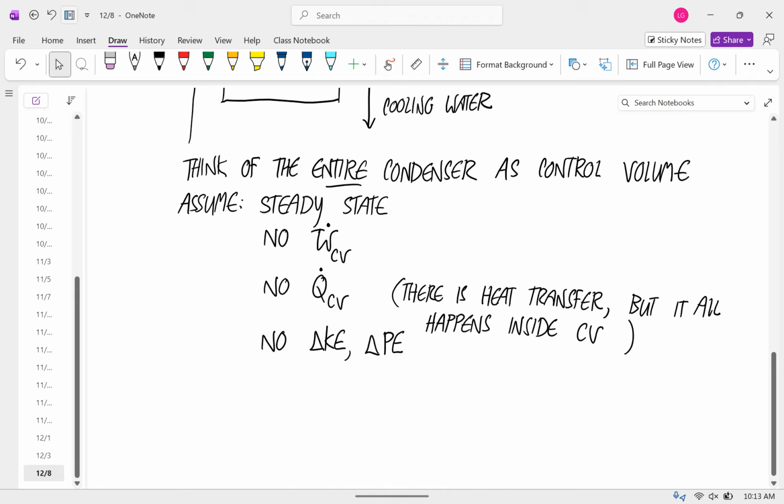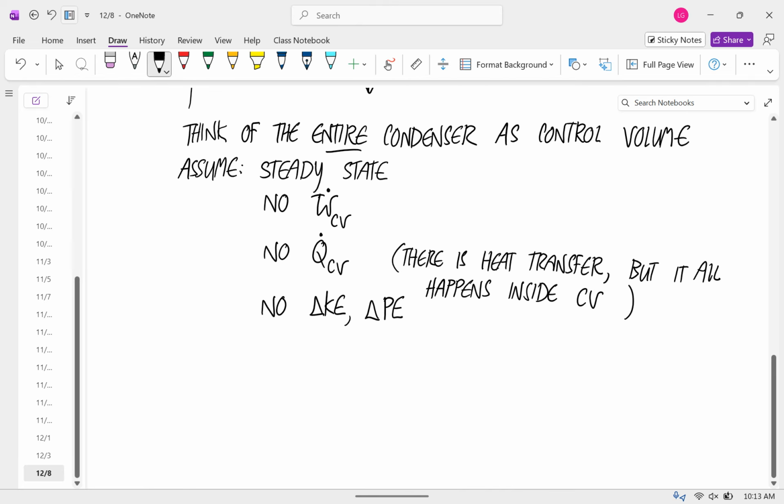So let's go through this analysis now. We'll start with the full first law for control volume.